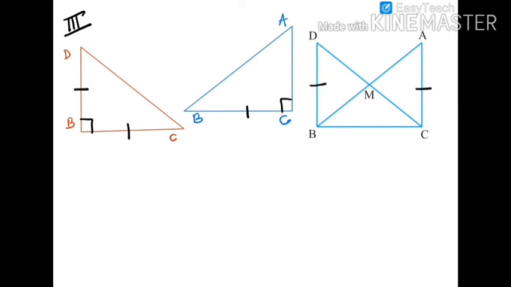So we can mark DB equal to AC. So now we have two sides and an included angle in one triangle equal to two corresponding sides and an included angle in the other triangle. So we can say that these two triangles are congruent by SAS.